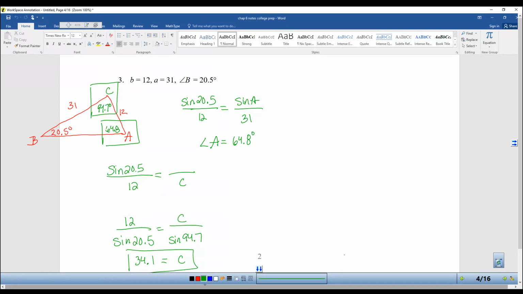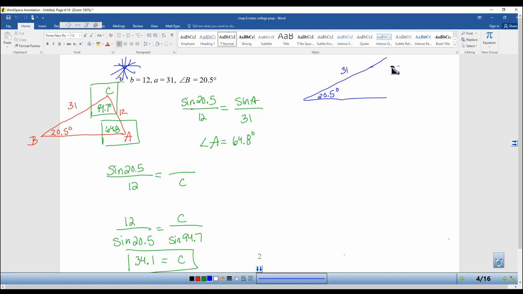All right, this is the most important problem of the day. This is the hardest one in section 6.1. There's actually another answer. Everybody, when they draw a triangle, 9 times out of 10, draws it the way I drew it. But it is possible that I could have a 20.5 degree angle, and I could have this length be 31.